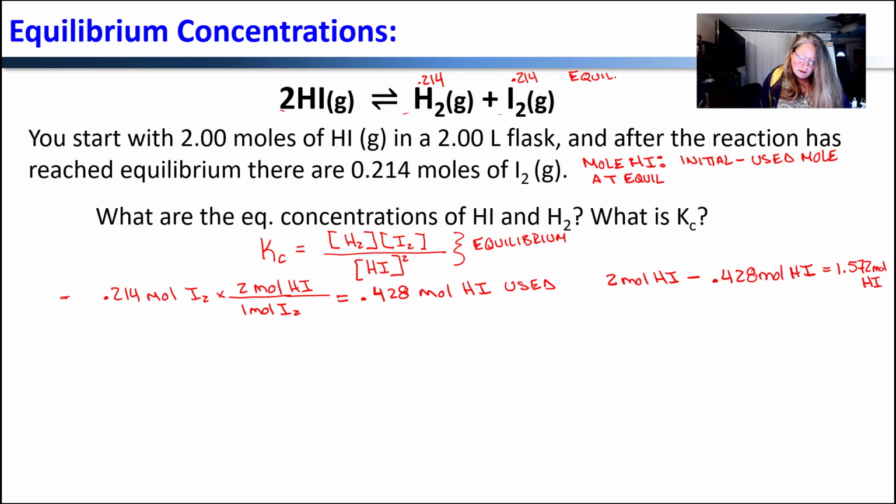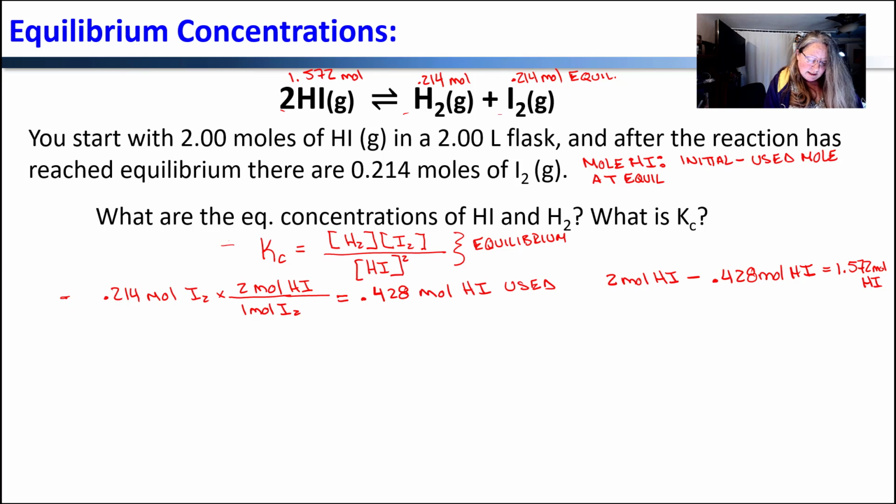Cool. Okay, so I know at equilibrium I have 1.572 moles of HI. Let's write the units there. Because the one thing we haven't done is turned these moles into concentrations.